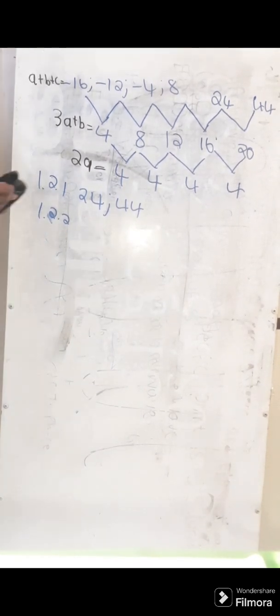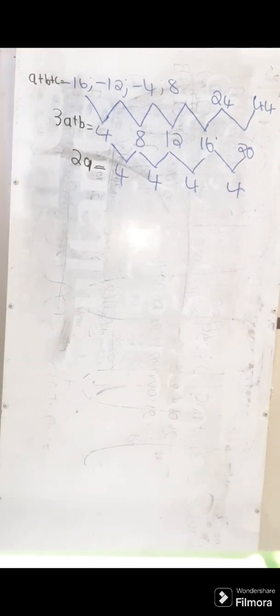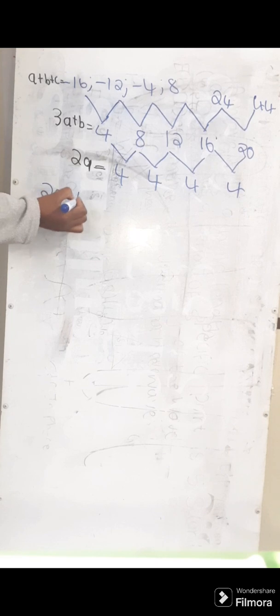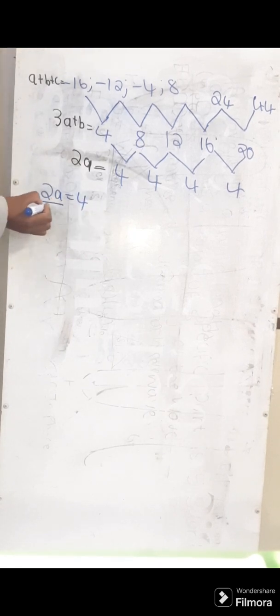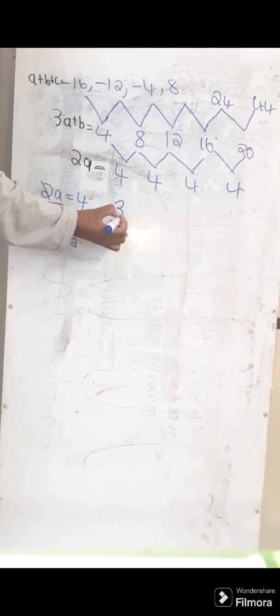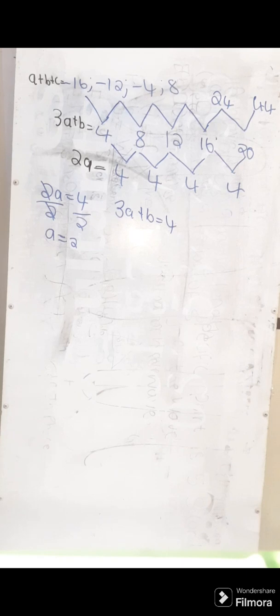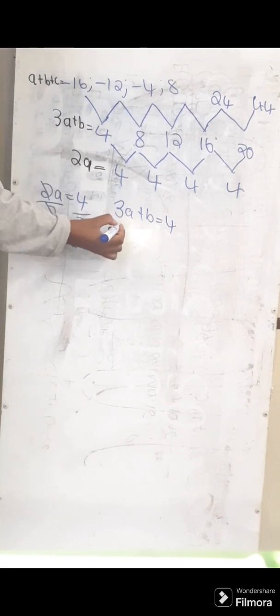And then the first thing we are going to do is solve for A. Now, 2A equals 4. To solve for A, we divide by 2. Then our A equals 2, right? So here we are trying to find B. We say 3A plus B equals 4.